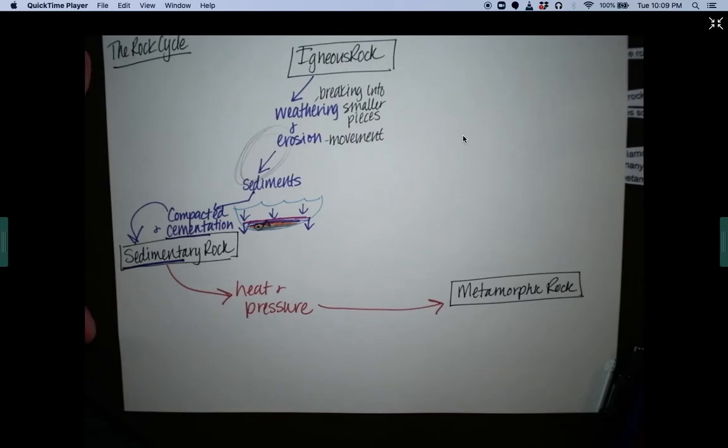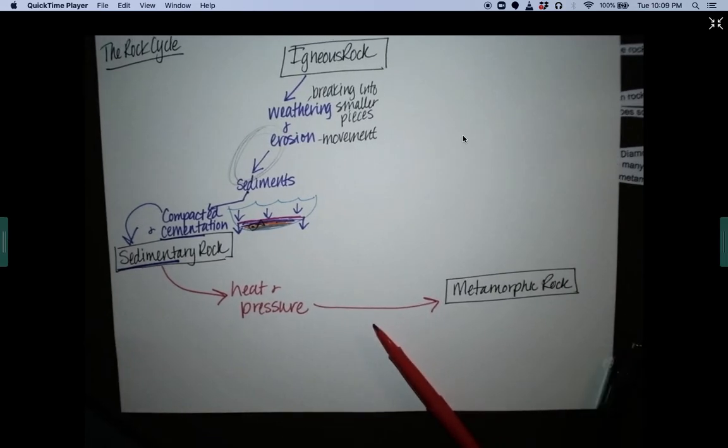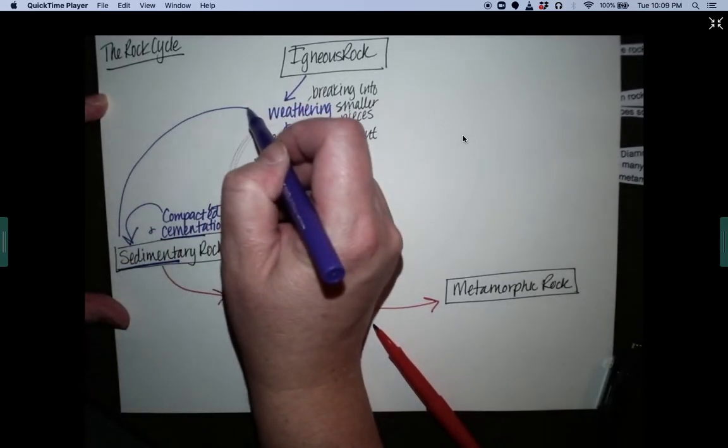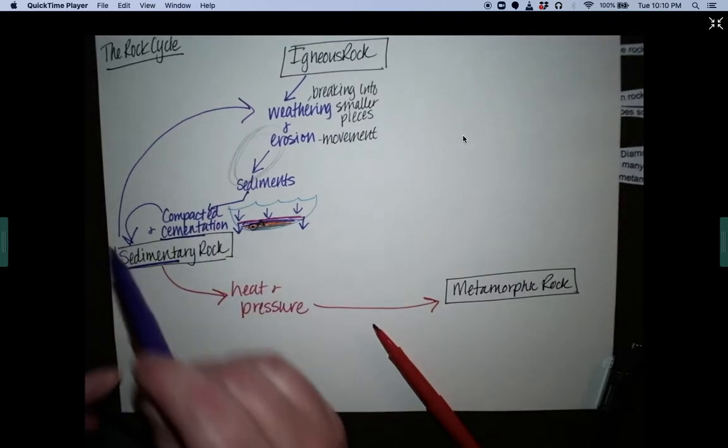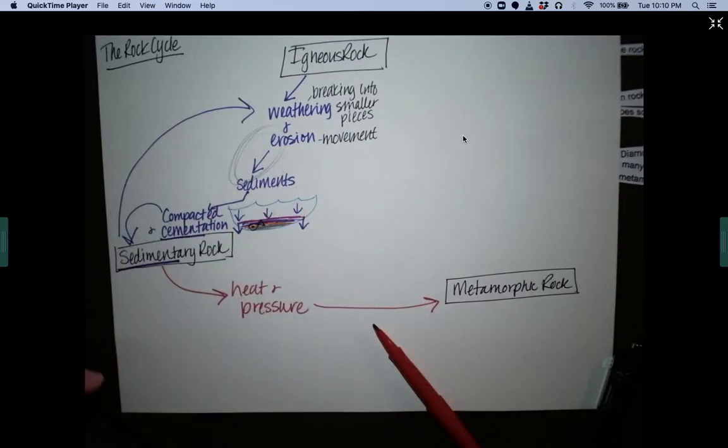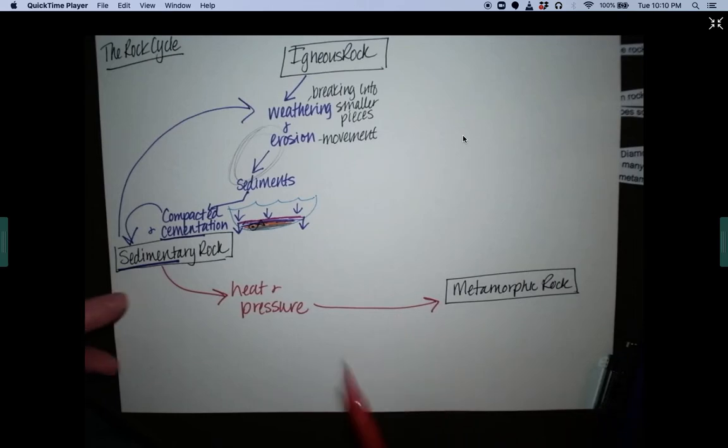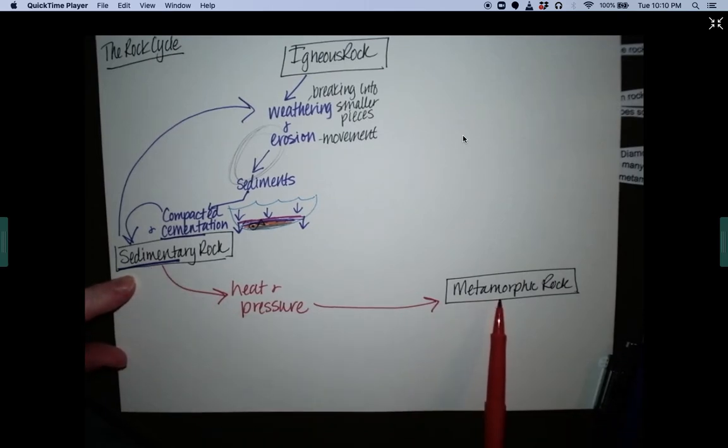Or it could go back to here and just stay in this cycle. But let's pretend that we have it coming over here into metamorphic rock.